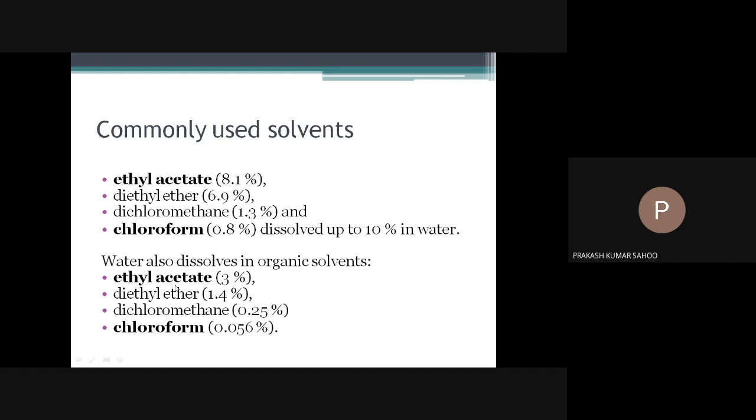Water also dissolves in organic solvents like ethyl acetate 3%, diethyl ether 1.4%. Just remember the solvent names, as you will have a question on the names of the solvents. You are not required to remember these numbers. Just remember, organic solvents generally have lesser density than water.